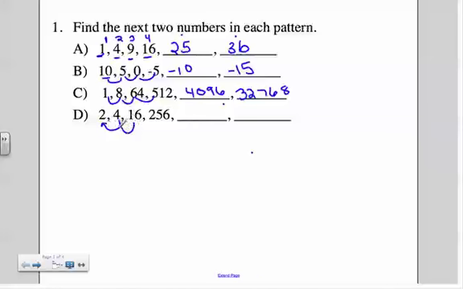So if I look backwards for this one, I can see that each term is the one that comes before it squared. 2 squared gives me 4. 4 squared gives me 16. 16 squared gives me 256. So now I'm going to square 256 to get the next term as 65,536.